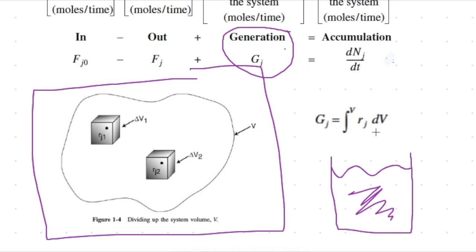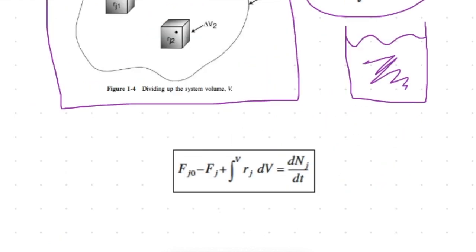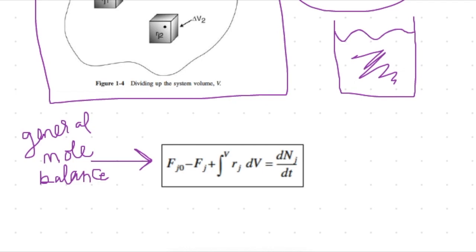In that case, we need to use this equation here, where we take the integral over our volume of the rate of species J with respect to volume. And that is what we are going to sub in for G. Now, when we sub in the integral for our generation term, this is the final mole balance that we obtain and the equation that we will be manipulating in order to obtain the balances for different types of reactors.